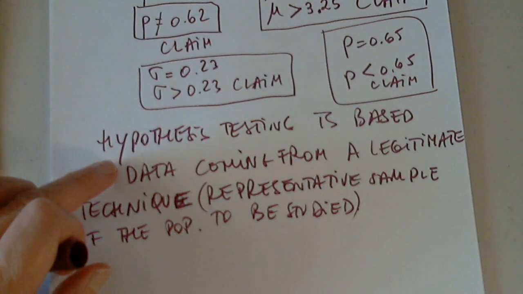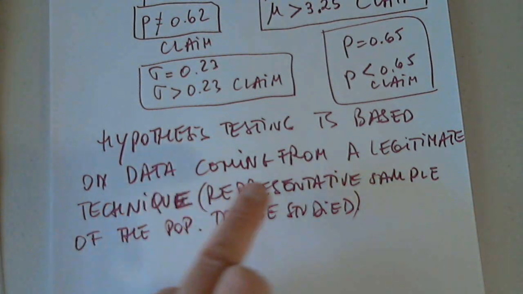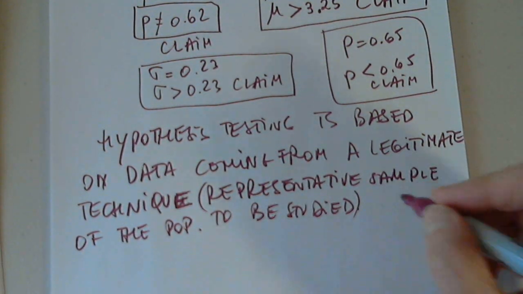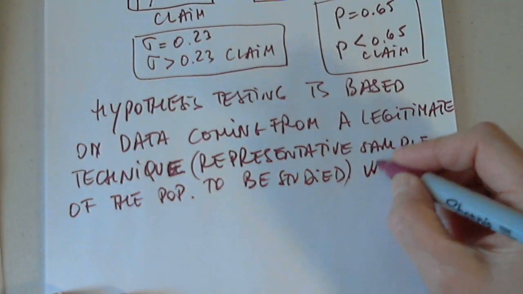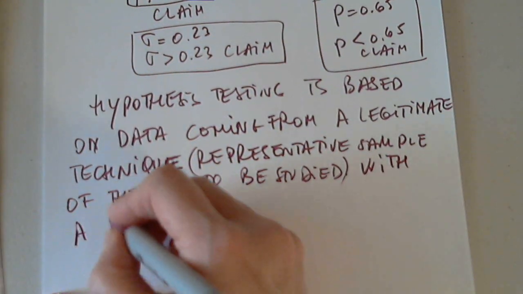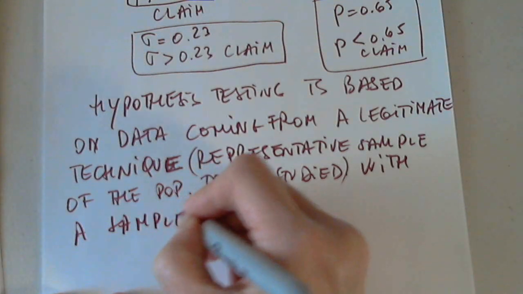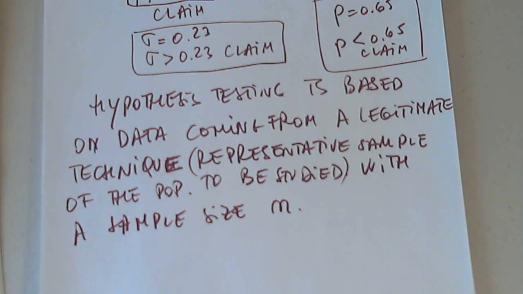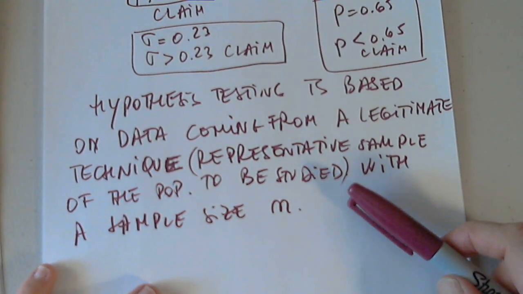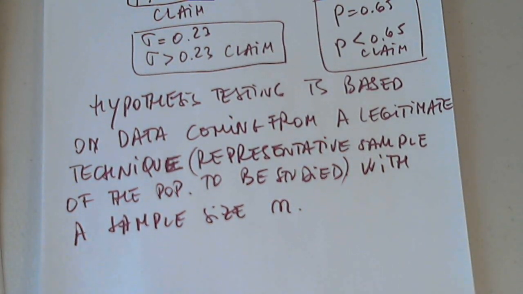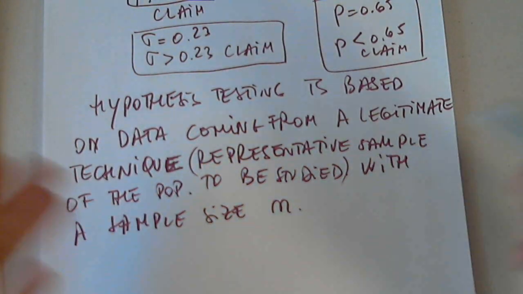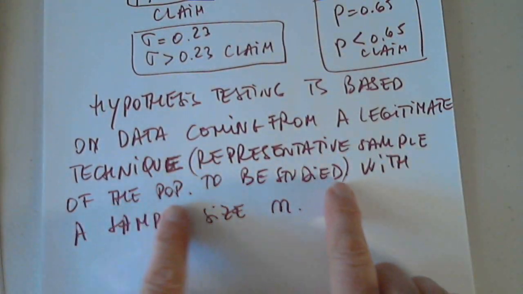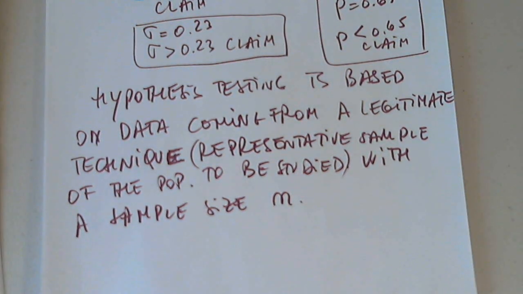So hypothesis testing is based on data coming from a legitimate technique with a sample size, which we always denote by lowercase n. So the data has to come from a legitimate technique with a sample size of n that gives us a representative sample of the population to be studied.